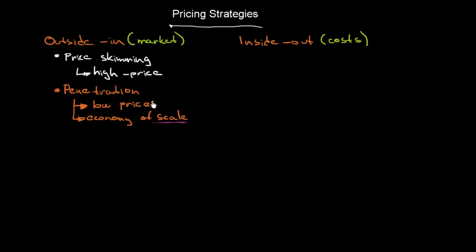When we want to go from outside-in, we can also have something called target pricing. So let's say we are a producer and we are not selling directly to our customers, but we have some distributors. We can, for instance, say we are going to have an open book relationship so that we will clearly show to our distributors, okay, these are the costs that we incur when we are producing our product.